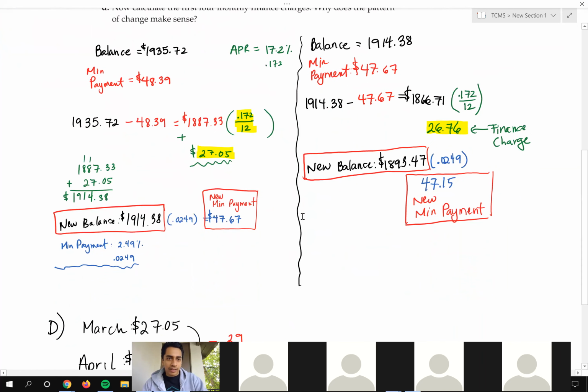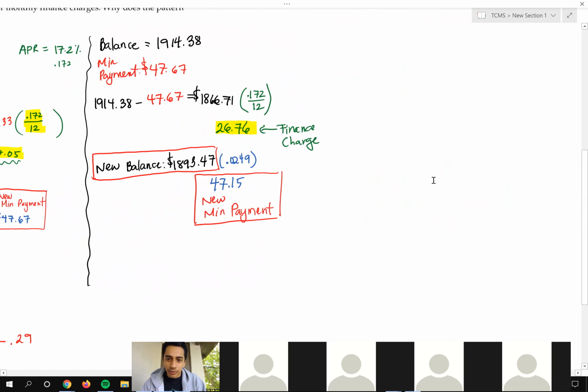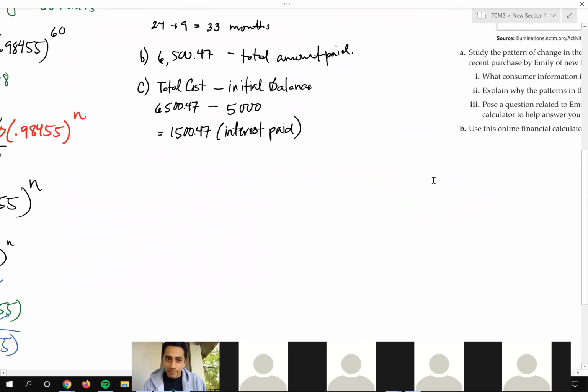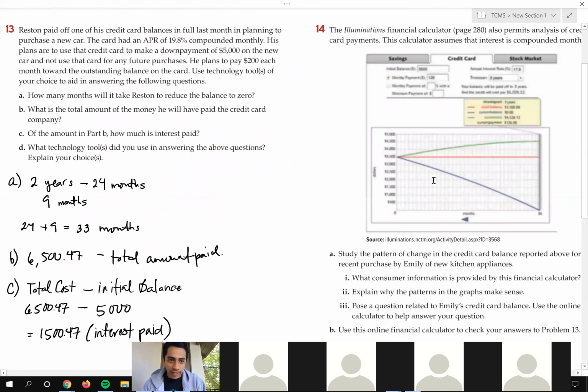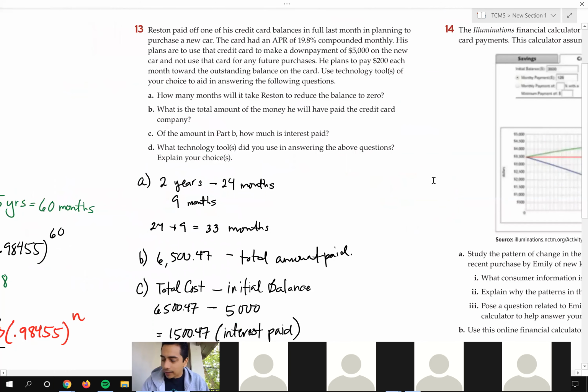We took the balance of 1 month, applied the minimum payment, found out how much we owed, multiplied it by the interest, added that back, and then got a new balance. That very tedious process, we can do a little bit more efficiently with some of the tools that we have now. So we can go ahead and use it to answer these types of questions.